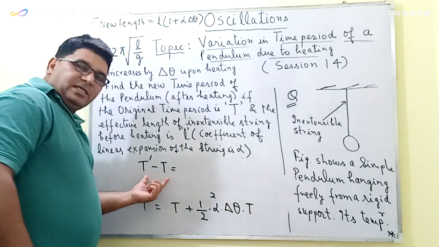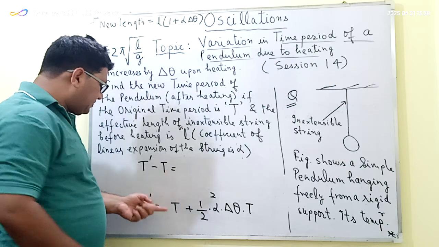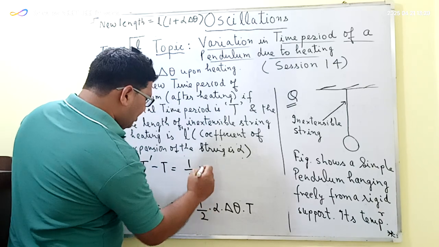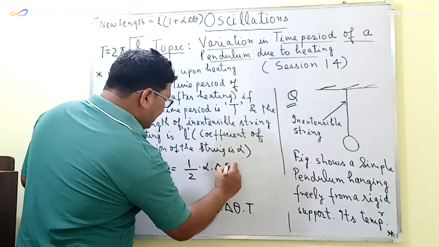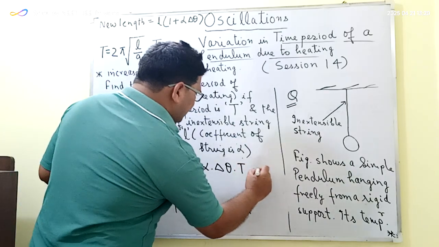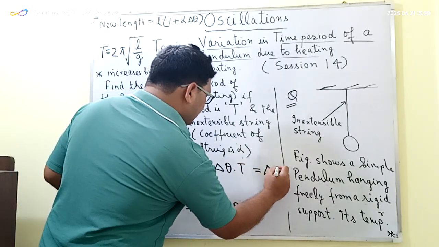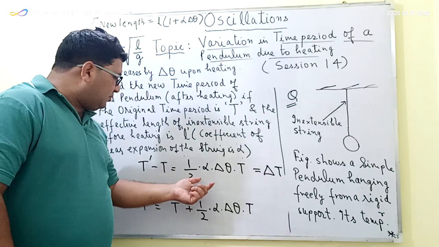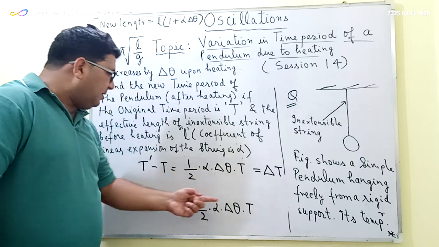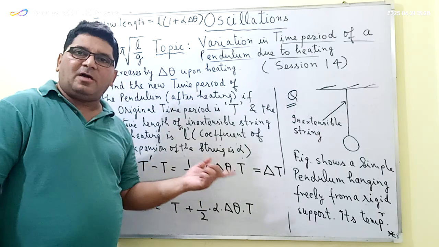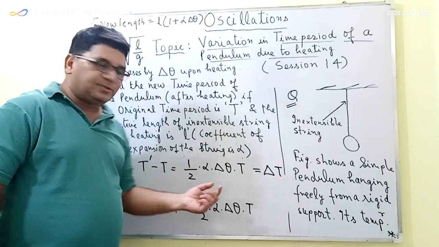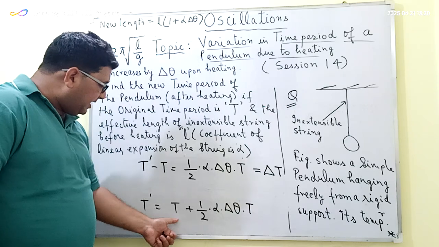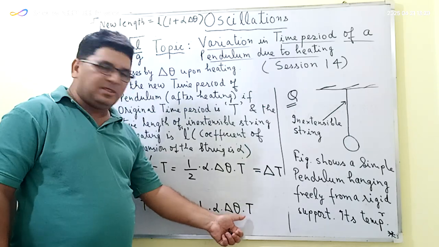So the change in the time period, T dash minus T, will be equal to 1 by 2 into alpha into delta theta into T, or we can simply write this as delta T. So the change in the time period is equal to 1 by 2 into alpha into delta theta into T, and the time period upon heating will increase by this value, and the new time period will be equal to T plus 1 by 2 into alpha into delta theta into T.